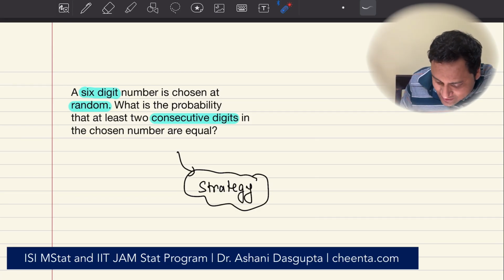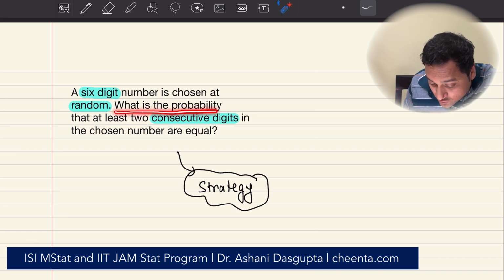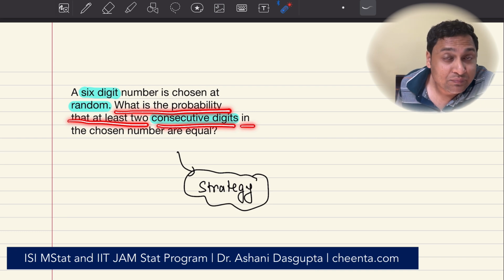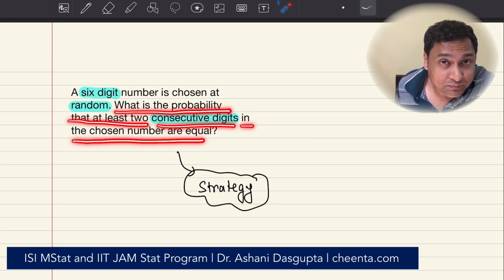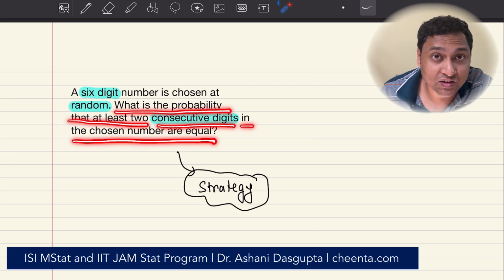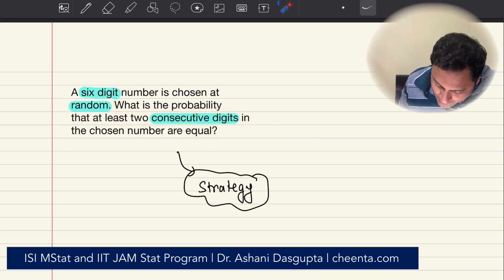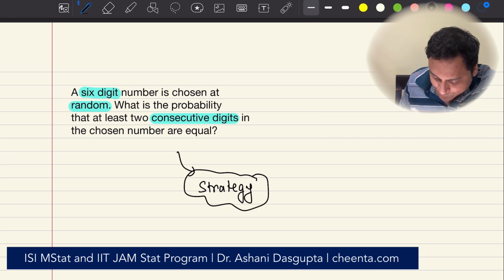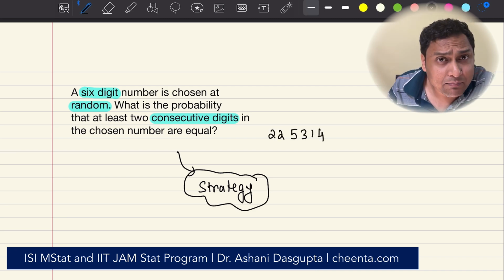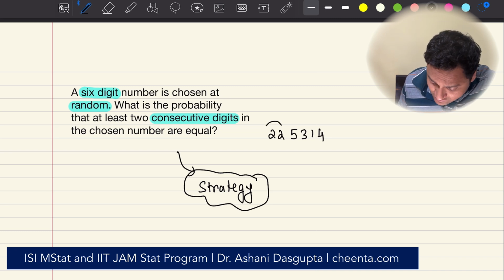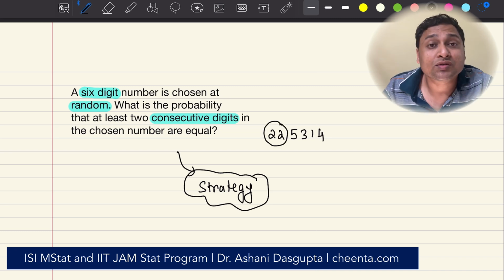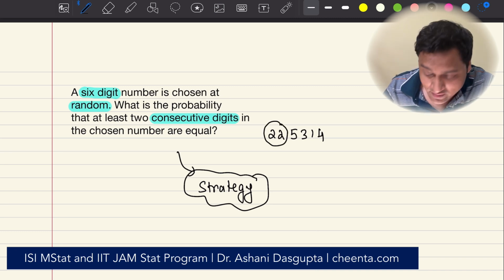Now the question is, what is the probability that at least 2 consecutive digits in the chosen number are equal? For example, the number could be like this: 225314. It's a 6-digit number. 2 of the chosen digits are equal.